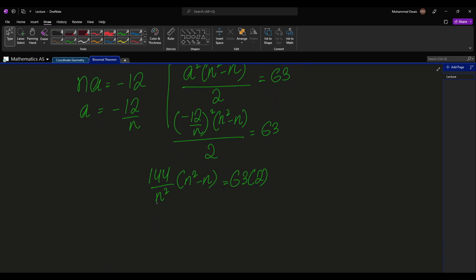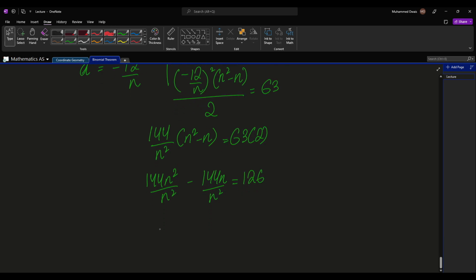Now then, I can multiply these. This becomes 144 n square over n square, and this becomes negative 144 n over n square, and this becomes 63 into 2 is 126. Now then, rather than cutting them off, let us do something else. Let's just say this is 144n square minus 144n over n square equals to 126.